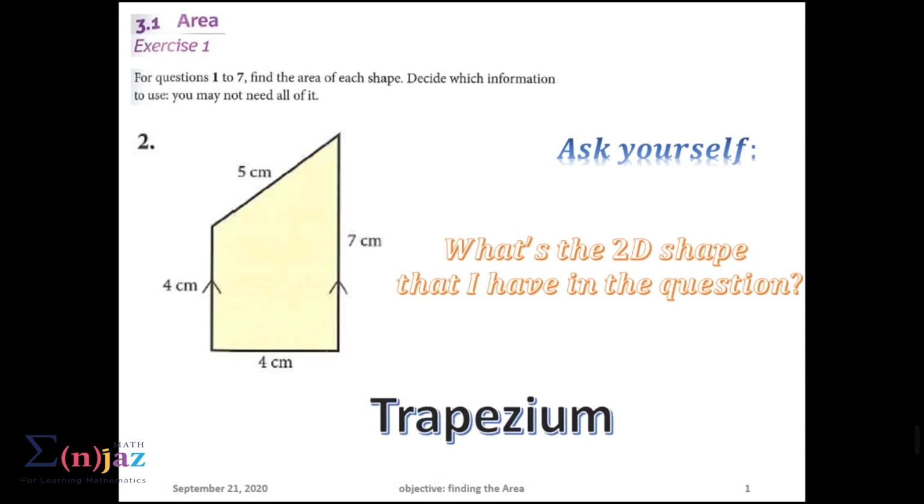We call this when we have a shape that has four sides, four angles, but two of the sides are actually parallel. We know that they're parallel from these two arrows here. So first of all, I must identify what shape I have in hand.